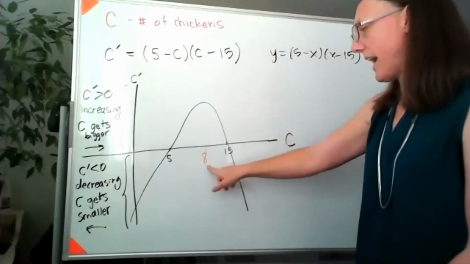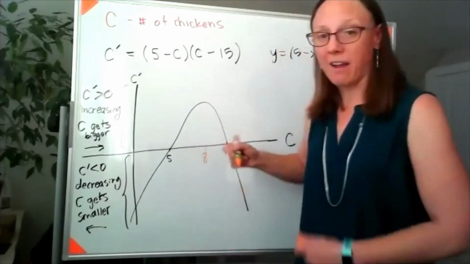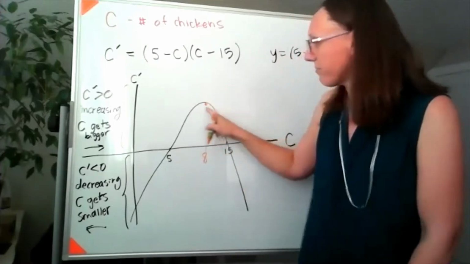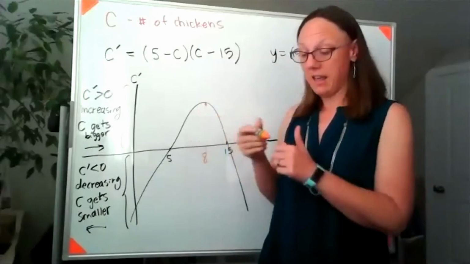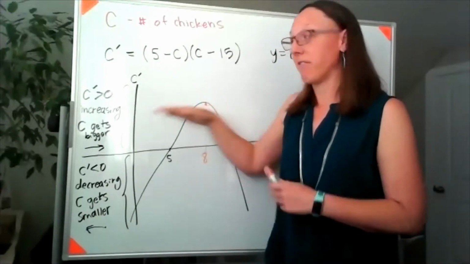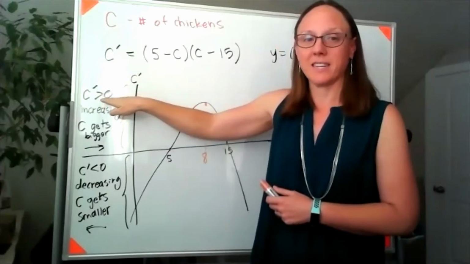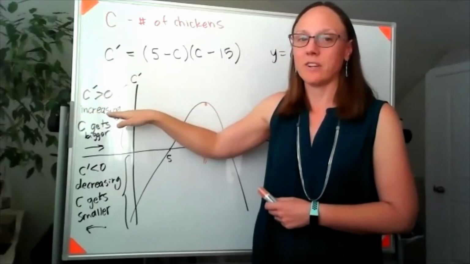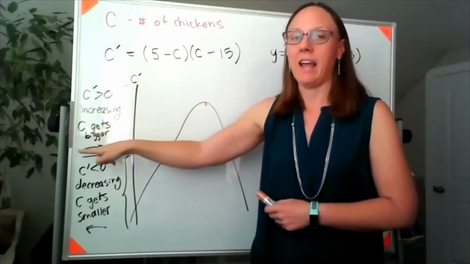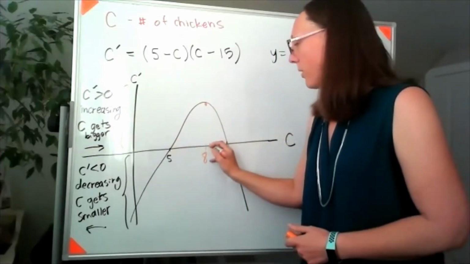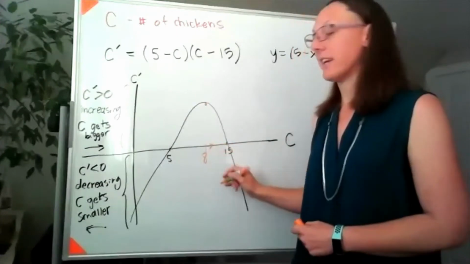So if I start at 8, then I look to this graph, and the graph says, okay, we're right here. If I'm right there, then on this graph, I'm above the axis, which tells me that C prime is positive, which tells me I'm increasing, so C is getting bigger, and I push to the right. So I started off with 8 chickens, but I'm going to push to the right and have more than 8 chickens.